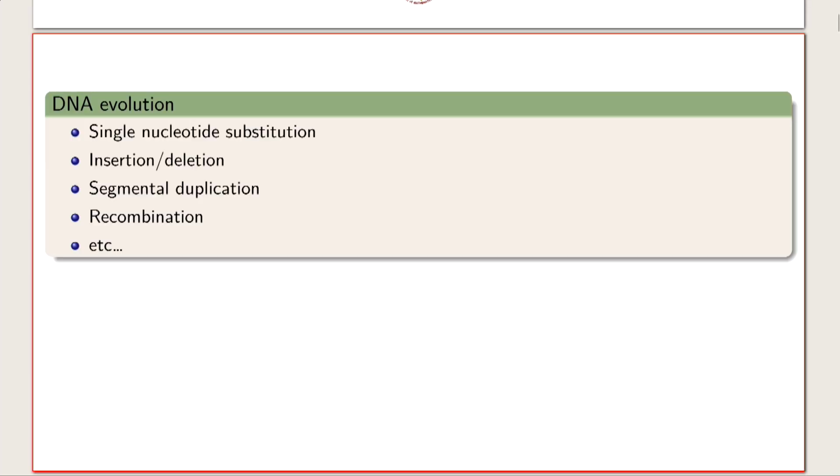So DNA, and this is perhaps a model for how texts in general might evolve, but for DNA, as you know, your genome consists of 23 pairs of chromosomes. In the case of males, it's 22 pairs and an X and a Y. And these get replicated during cell division.